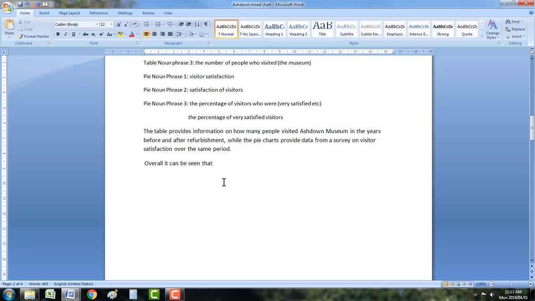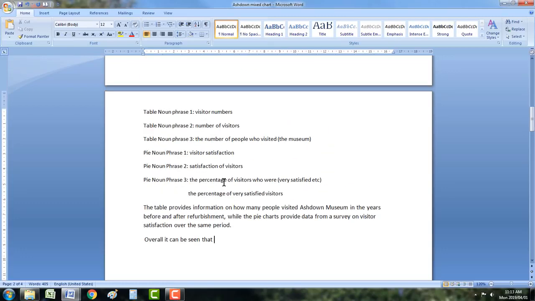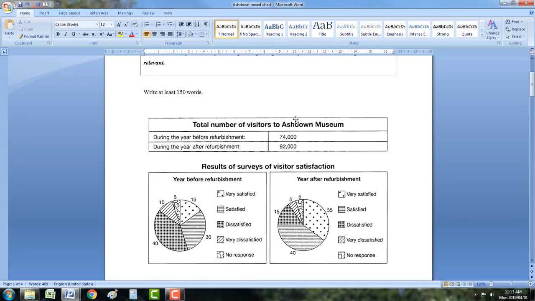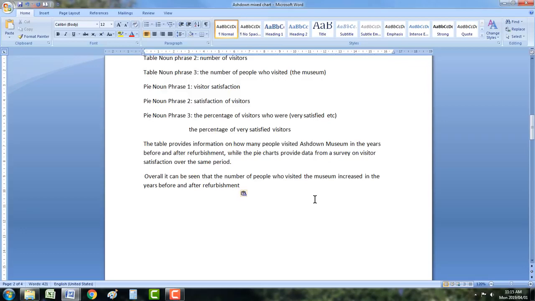So now we need to look at our data over here. And you're going to do 2 separate overviews. You don't have to do one big overview connecting it all up. Just an overview for this, an overview for this. The number of people who visited the museum increased. Simple overview. That's fine, no problem.